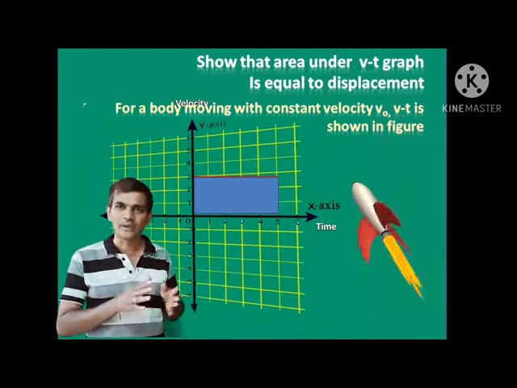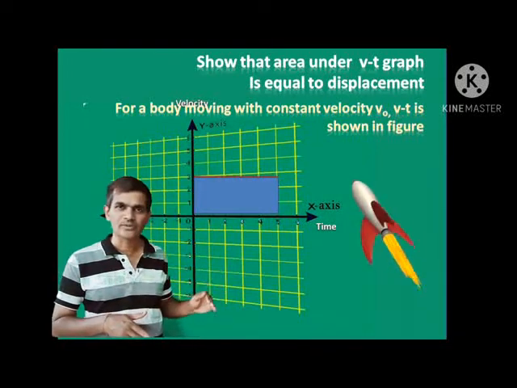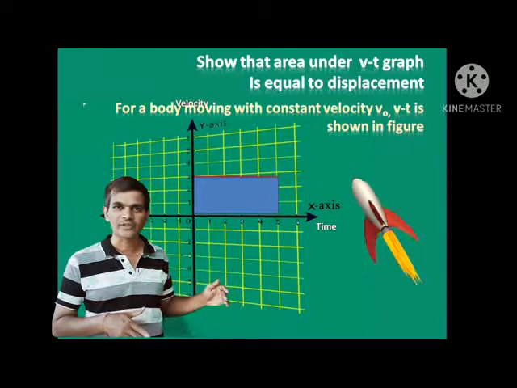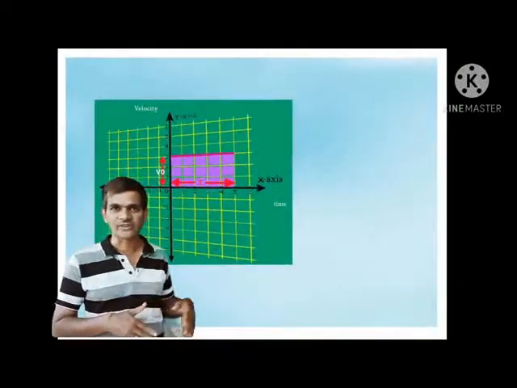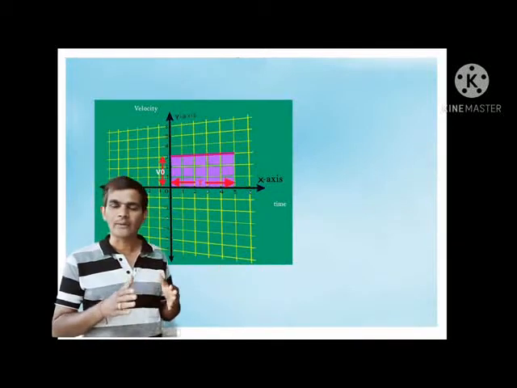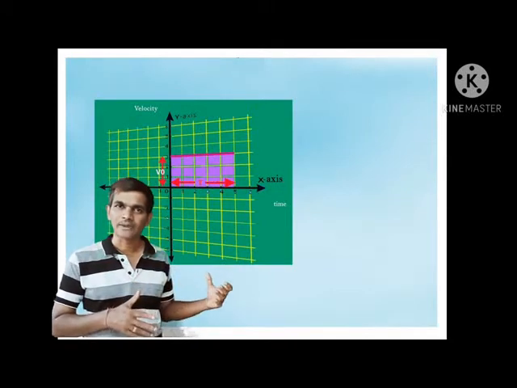The velocity time graph is shown in the figure. Since the body is moving with uniform velocity, the velocity time graph is a straight line parallel to the time axis as in the figure. Now I want to estimate the distance travelled or displacement of the body in a particular time interval of t seconds.